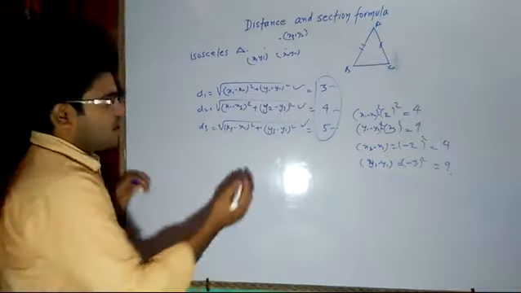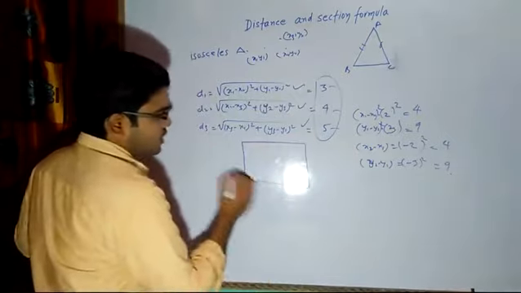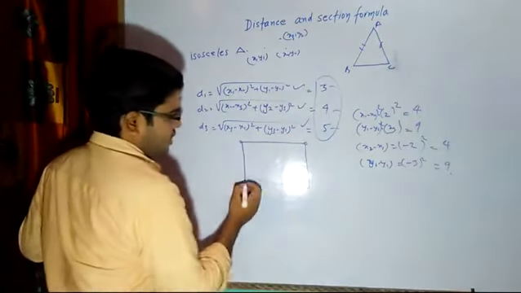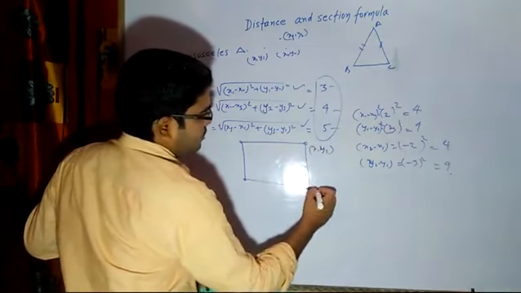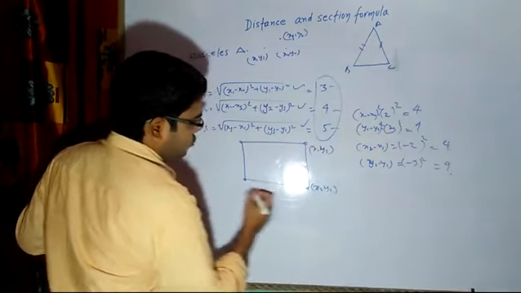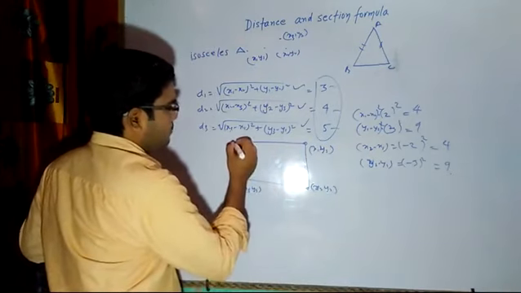Now second, they may ask you that four points are given. In the same way you will mark x1 y1, then x2 y2, then x3 y3, and then x4 y4.